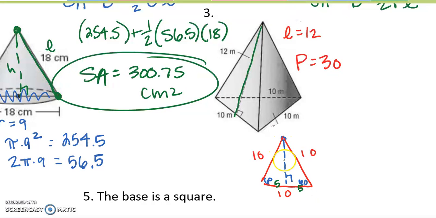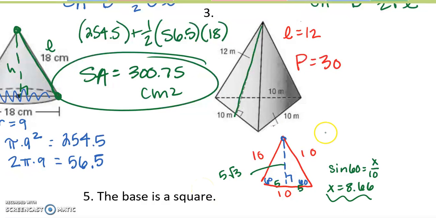So to get this height right here, I can either write it as 5 root 3 using my special right triangle rules, or I can use trig and say something like the sine of 60 equals x over 10. 10 times the sine of 60 gives me 8.66, which is the same as plugging in 5 root 3. Okay, so either one of those you can use. We're going to go ahead and use the decimal.